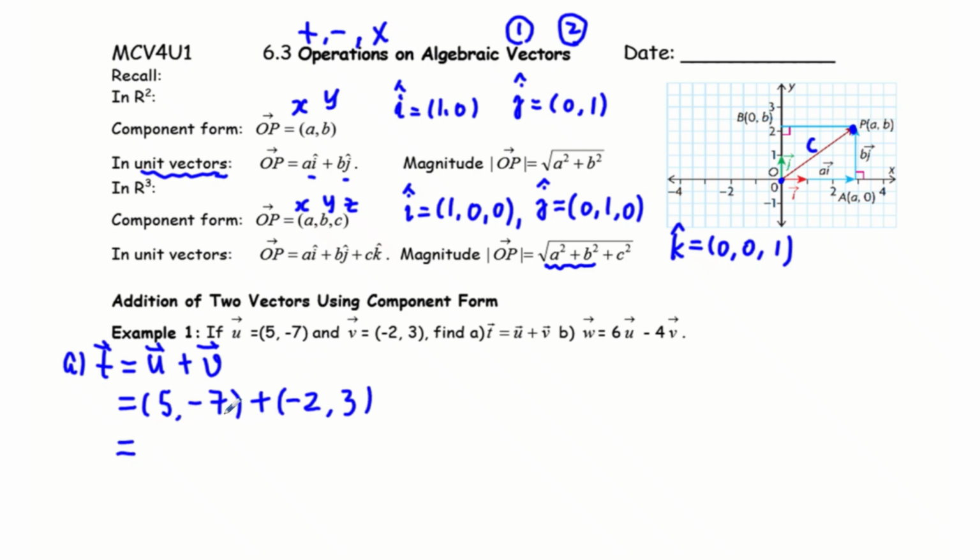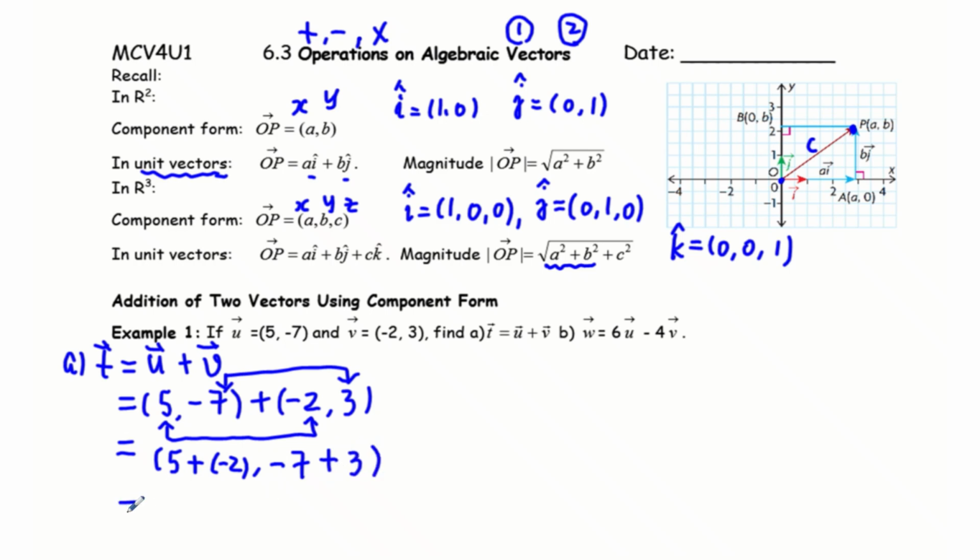We just write the vectors in component form. Then we add the x components correspondingly, so it's 5 plus -2. Another one will be the y direction, -7 with 3. Y component added to y component.